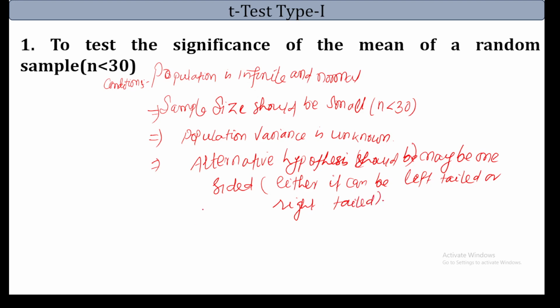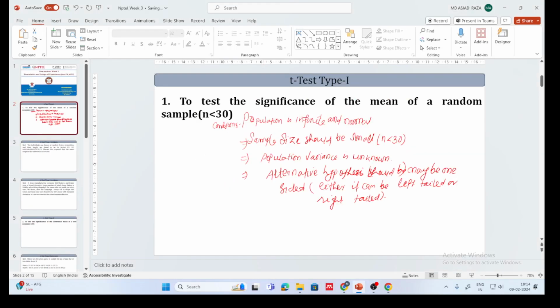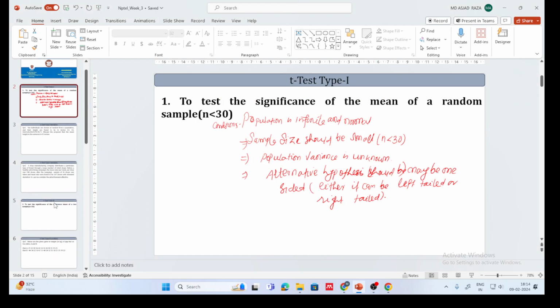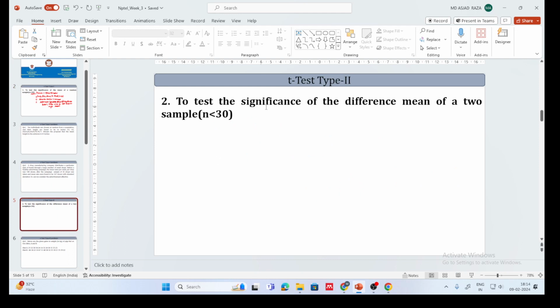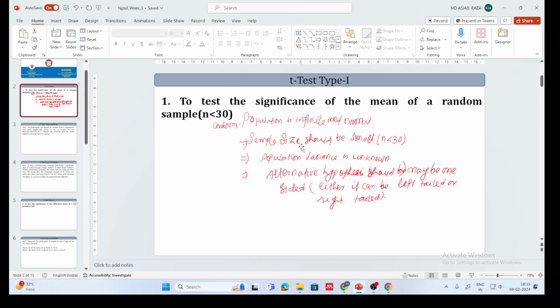The t-test will have 4 types. The first one is to test the significance of the mean of a random sample, a single mean. The second is to test the significance of the difference of the means of 2 samples. Here only one mean was there.